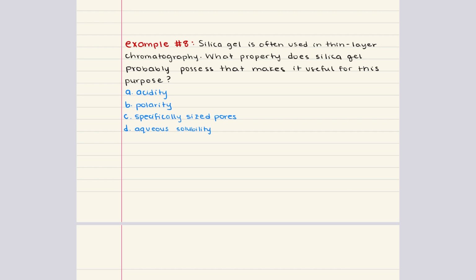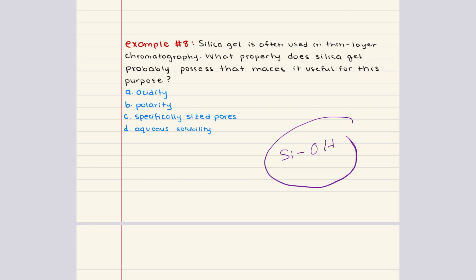And the reason it's so effective comes down to one key characteristic: polarity. Silica gel is a highly polar material. It contains silanol groups, silicon bonded to a hydroxyl group, that can form hydrogen bonds and interact with polar compounds through dipole-dipole interactions and other polar attractions.